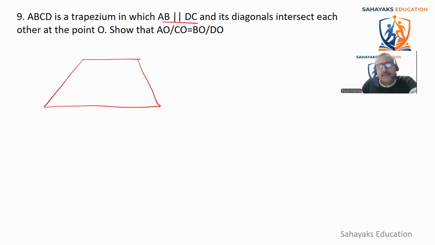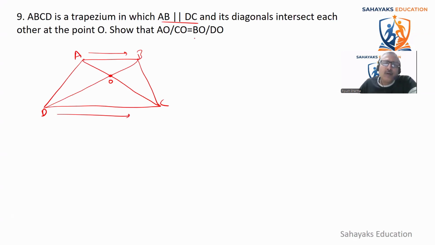This is A, this is B, C, and D. And its diagonals intersect each other at O. So let's make the diagonals: this is the first diagonal, and this is the second diagonal, and these diagonals intersect at point O. Now you have to prove AO by OC is equal to BO by OD.